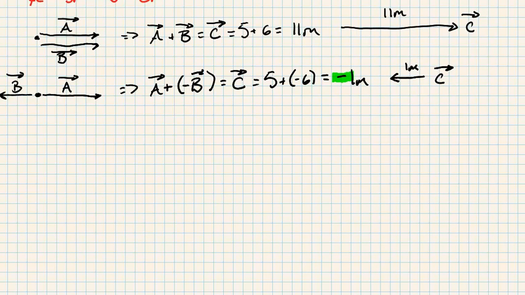Where things get a little bit tricky is when the vectors do not line up in the same axis. Both aren't pointing in the x direction or in the y direction. For example, you could have a vector B up of magnitude 3 meters and vector A directed to the right with a magnitude of 4 meters.